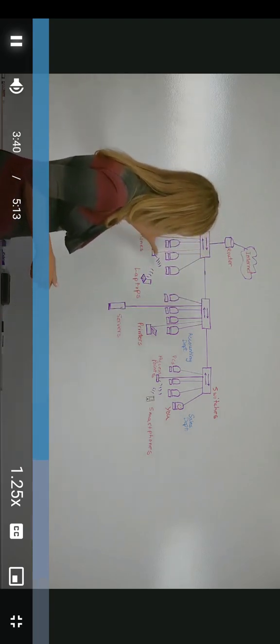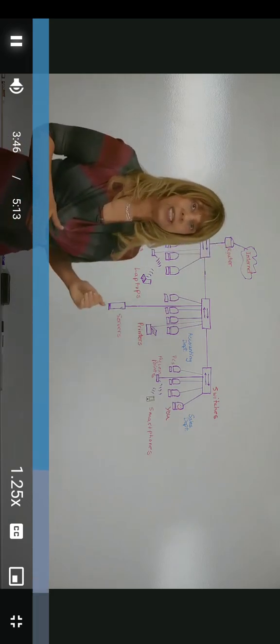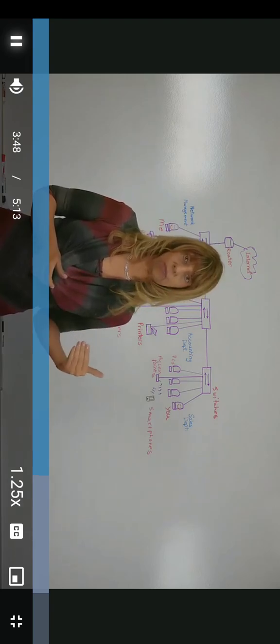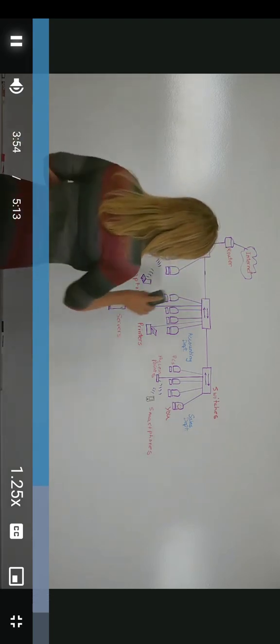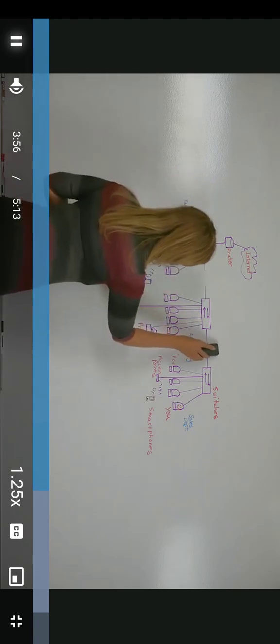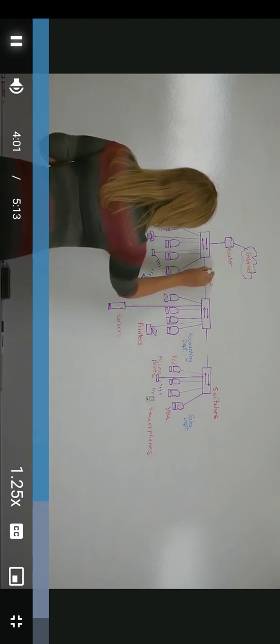So basically, when we add a router, the router enables us to divide the network and also to divide the broadcast domains. So if I were to insert routers into this network diagram, let me draw some routers here.